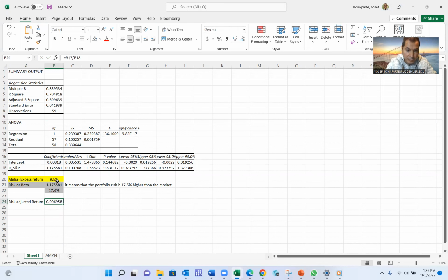So still positive. That should be 0.8, sorry, 0.8% here. So it should be 0.8. Multiply by 12, it's 9.8. So at the monthly level, the excess return is this, and then everything is multiplied by 12.